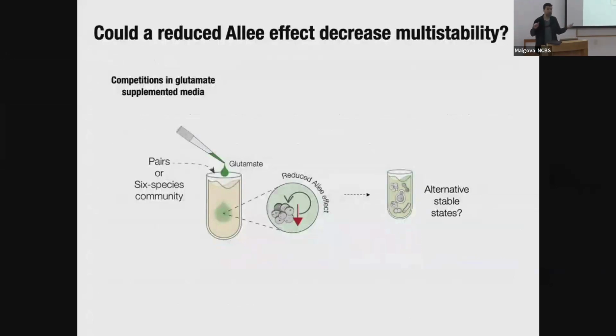So in order to test these predictions, what we did now is to reduce the Allee effect experimentally by adding glutamate. It's a carbon source that we observed was able to reduce the Allee effect or even suppress it for some species.